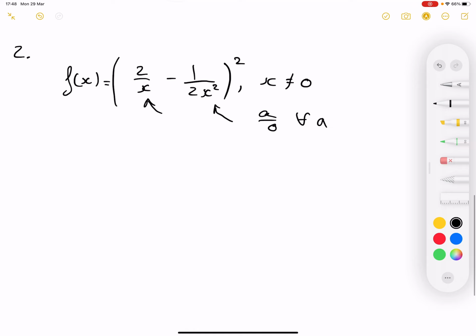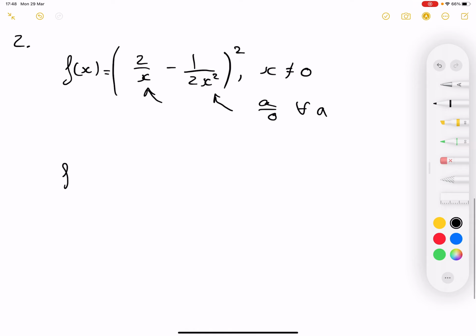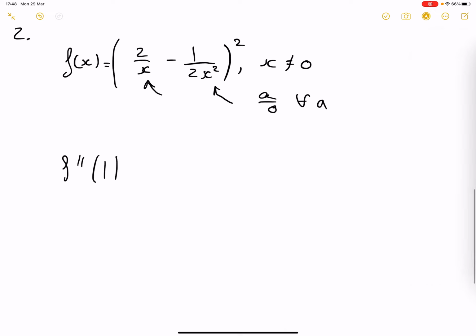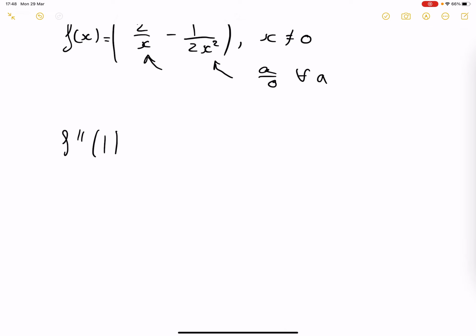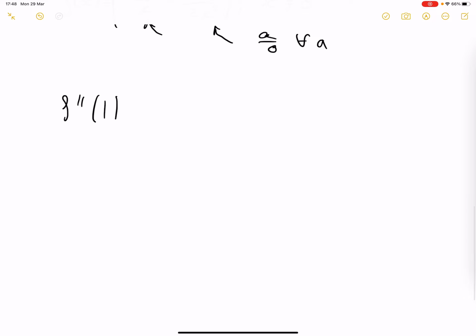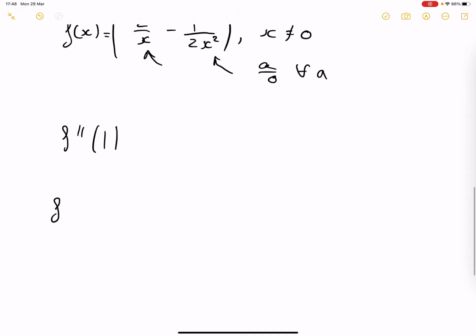So we need to find what f double dash of 1 is equal to. This means we need to find the second derivative of this function. What we're going to do is expand the bracket and then differentiate, because that's actually easier than chain rule in this example. If you don't know what chain rule is, I will be covering that at some point this year, but I won't go into it yet.